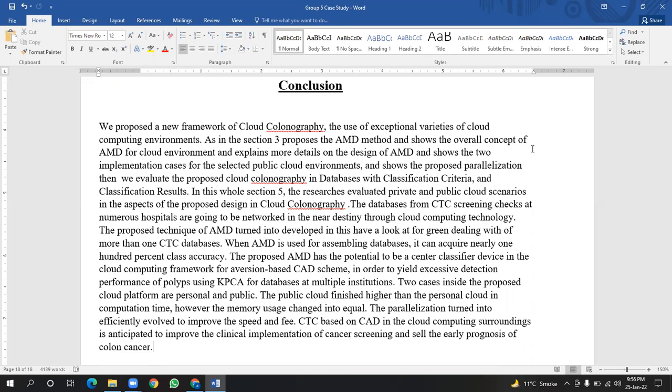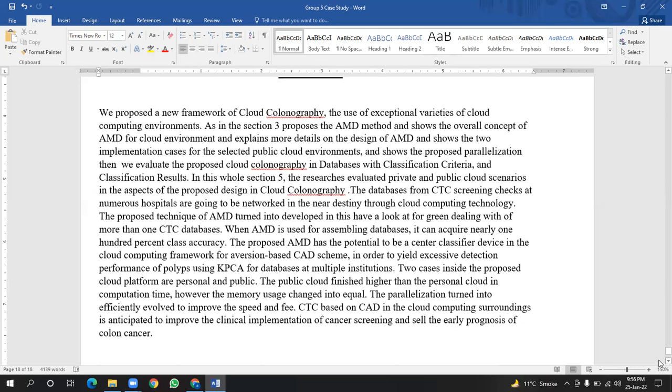The database for CTC scanning was checked for their working and the proposed techniques of AMD, and with the CTC database where AMD is used for assembling the database, nearly 100% accuracy was acquired.